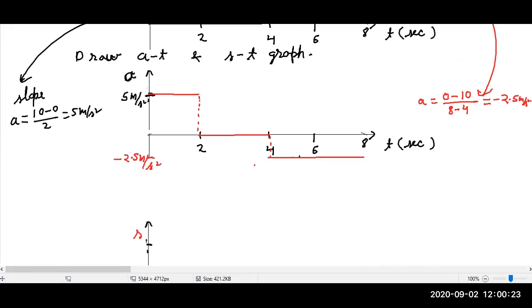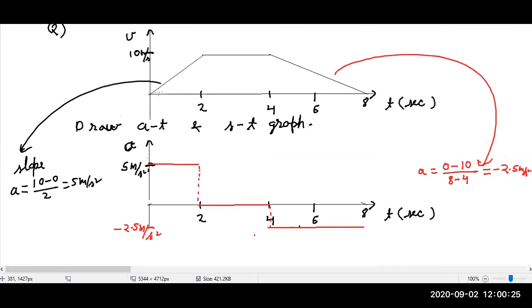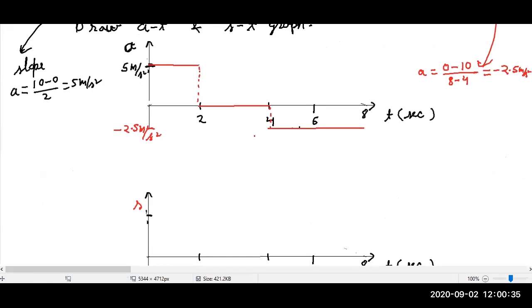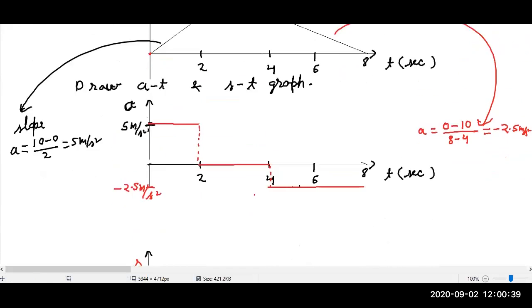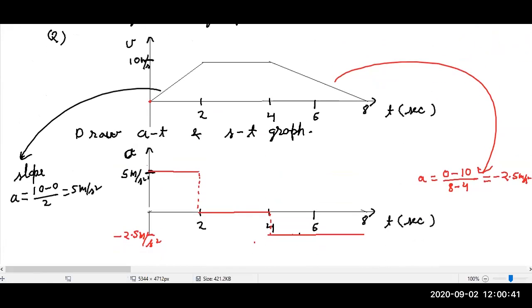If you look at the displacement initially, it will be 0 because displacement starts from 0 always. Displacement is change of position. So initially displacement will be 0 at t equal to 0. So we will start from the t equal to 0, s equal to 0 point, and initially the velocity is also 0. So the initial slope will be 0, and as we move forward up to 2 seconds, the velocity will become 10 meter per second.